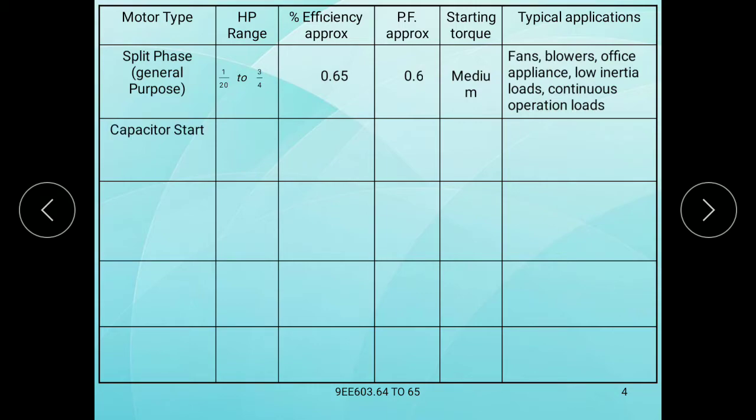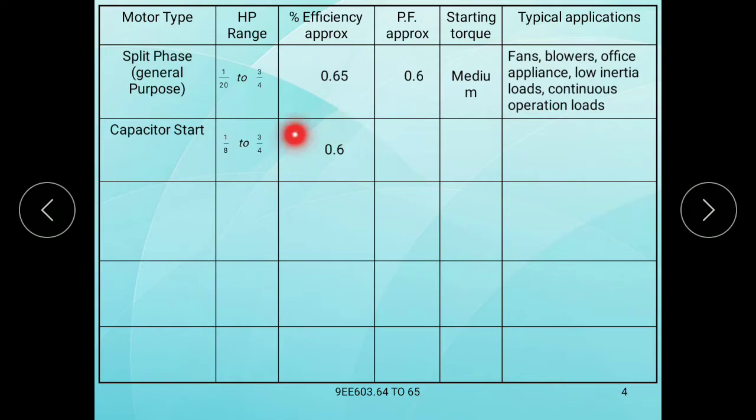Next one is capacitor start. Here also the HP range is 1/8 to 3/4. Compared to this, the starting HP range is 1/8. With capacitor start, the efficiency is low compared with the split phase motor.